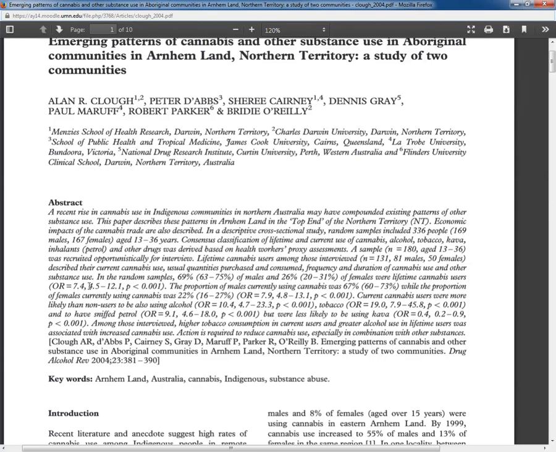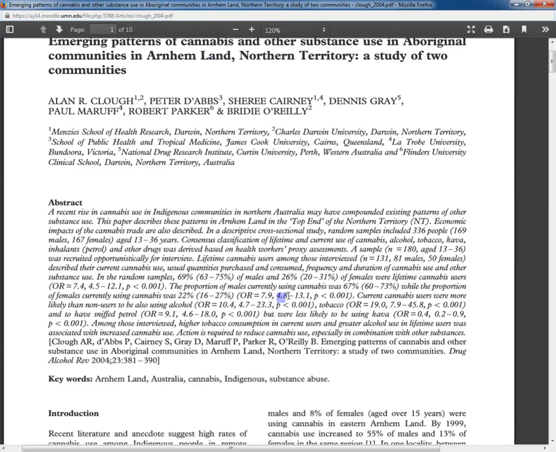Right next to it are the confidence bounds, and you can see that those confidence bounds for the underlying true odds ratio are clearly above 1. Talking about current cannabis use, they give you the fraction for males, the fraction for females, and the odds ratio of 7.9. So males are 7.9 times more likely than females to be a current cannabis user.